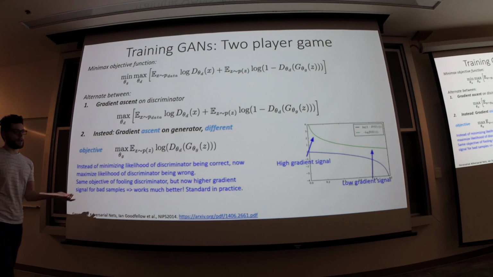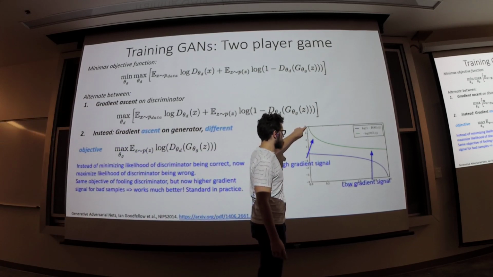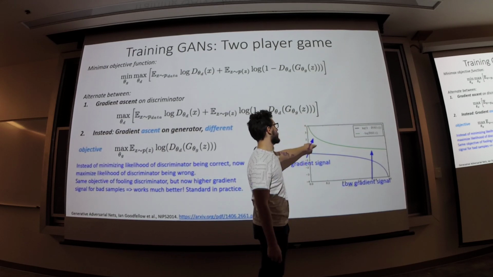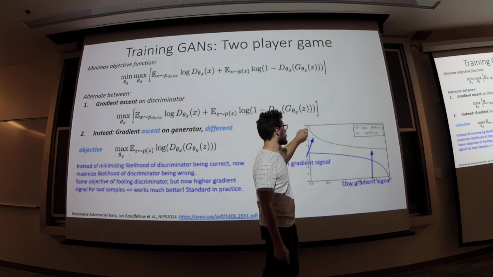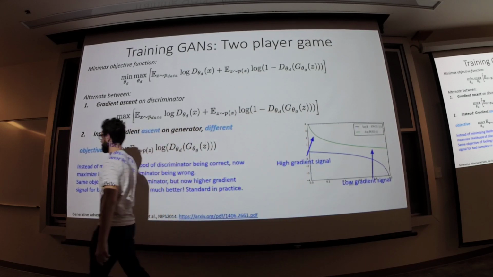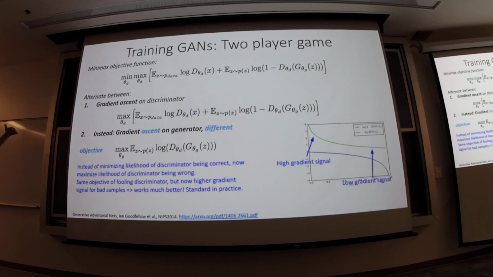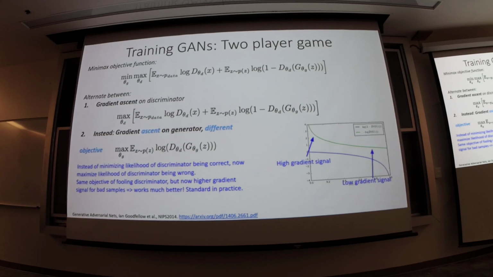The difference, though, is that when the discriminator is getting good, in the second case, the change in the parameters of the generator will be greater because of the slope, because of the derivatives. Any question about this? Did you understand? Okay.